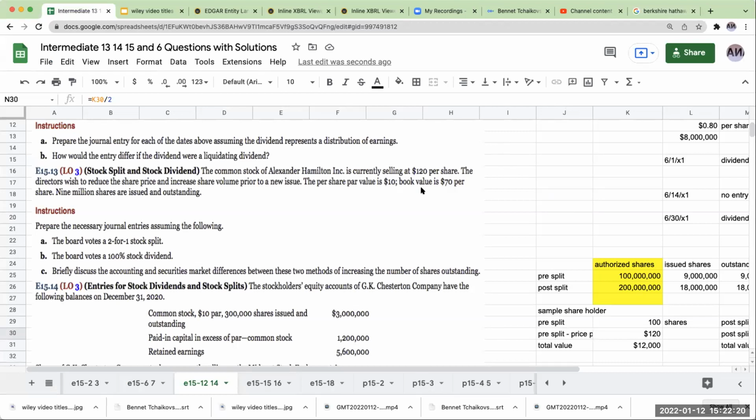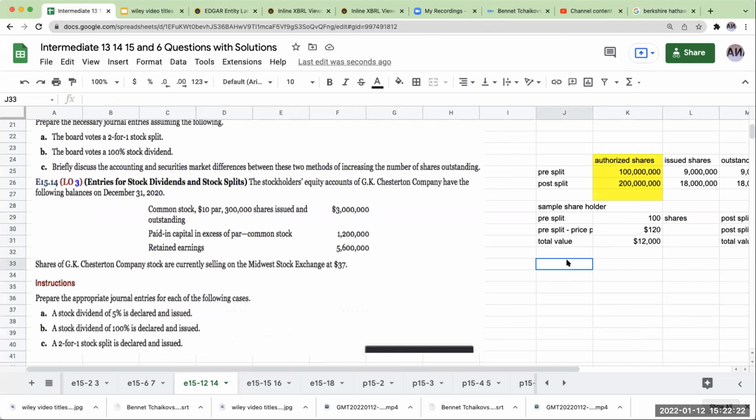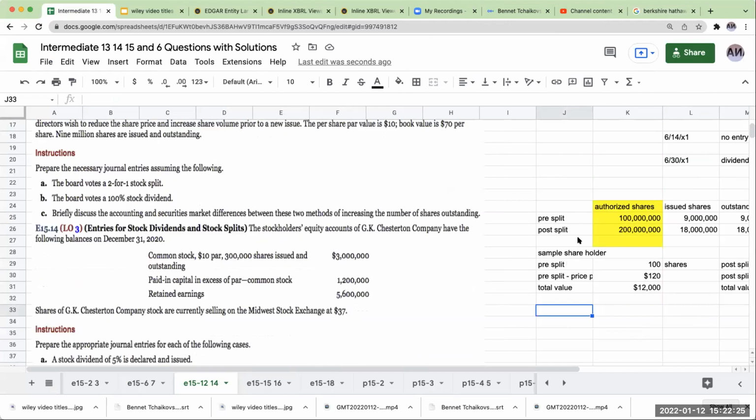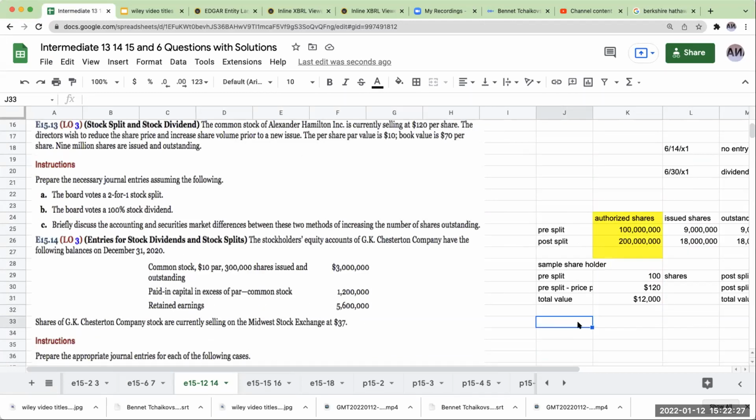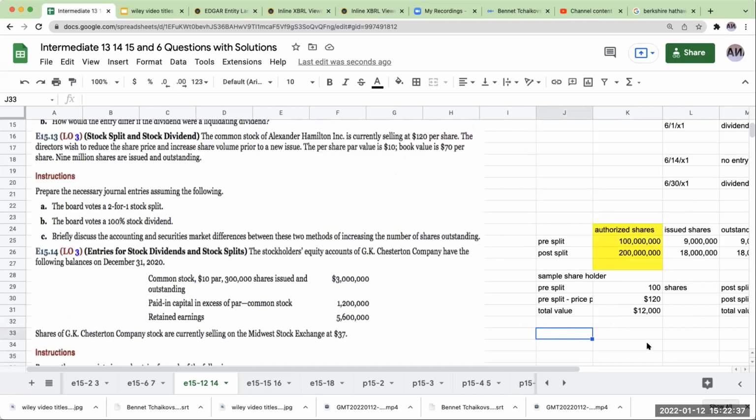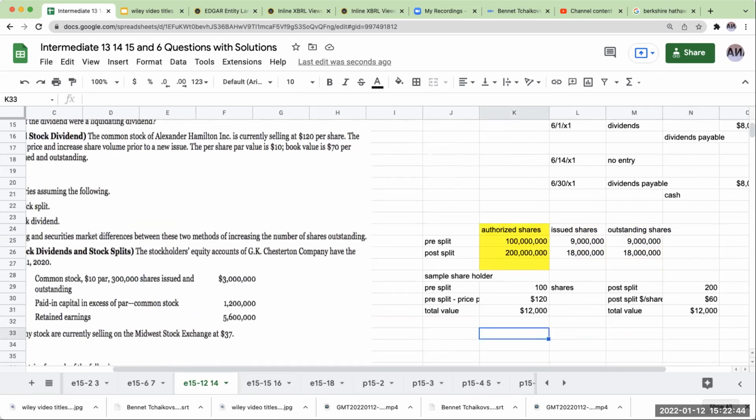Okay. Now, when it comes to a stock dividend, and this I do have a problem with. A stock dividend is effectively going to use this par value, and you can hear my frustration with this already. So if you have a 100% stock dividend, I should just do this on the outstanding shares.